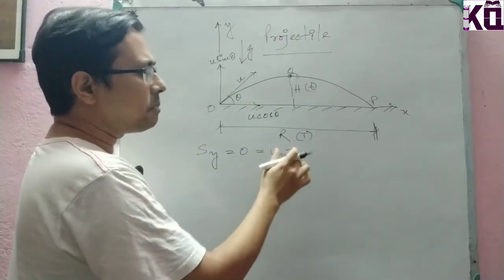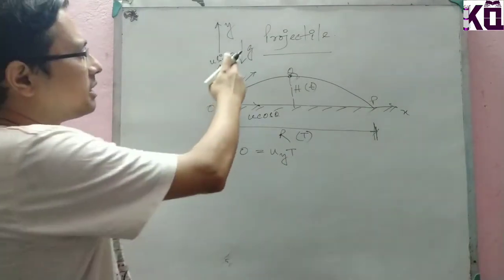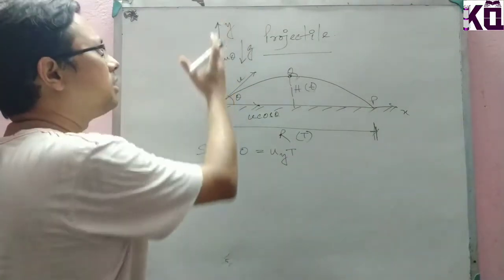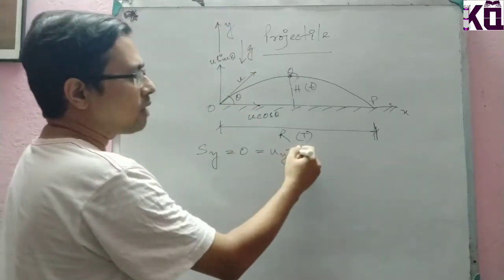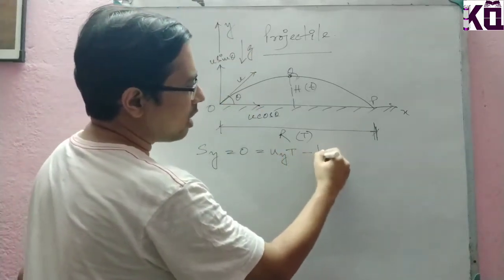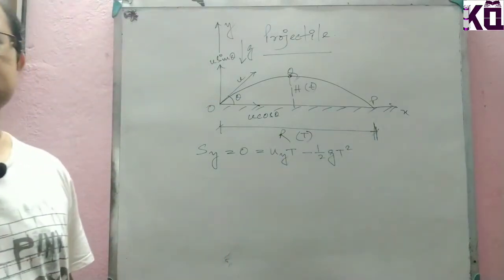Now ut minus or plus half gt square is there, but here g is opposite to the direction of y, so you have to write this as minus half g t square.